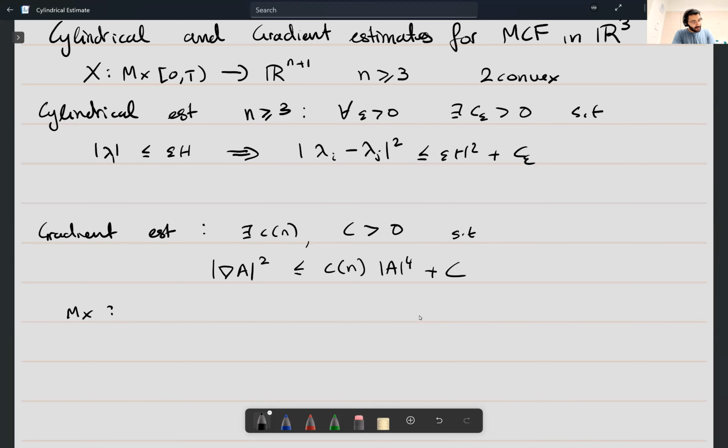The reason we proved this gradient estimate was because then we could prove these neck detection lemmas. It tells you that you do get a cylinder exactly when you blow up.